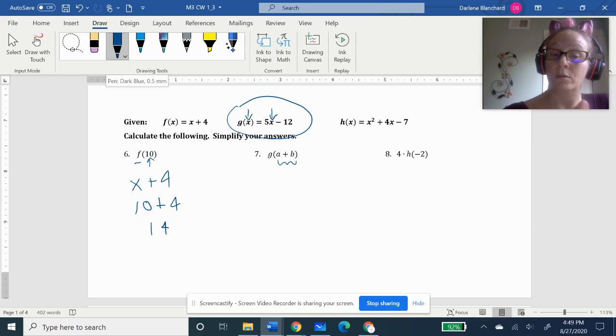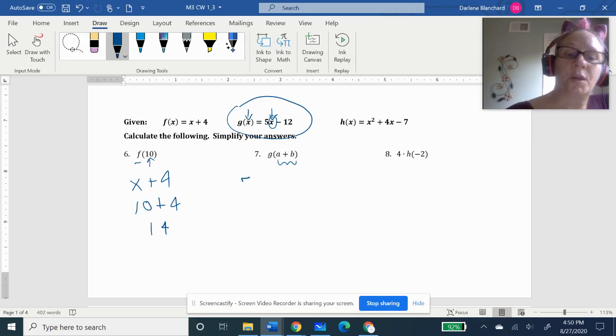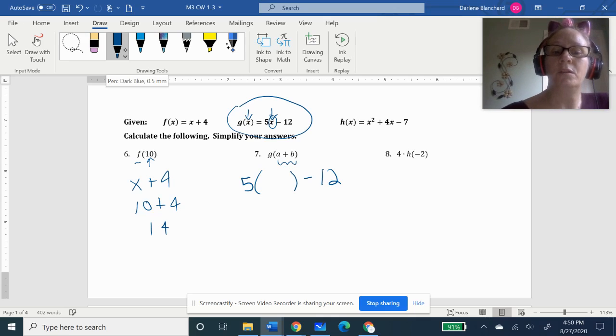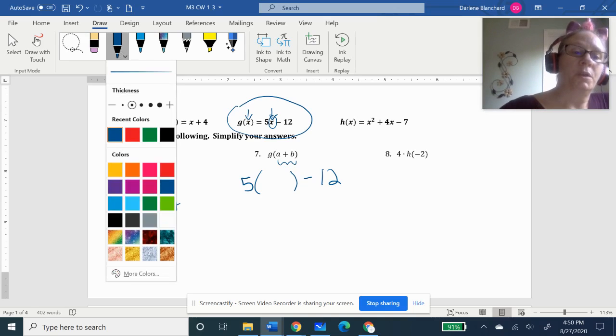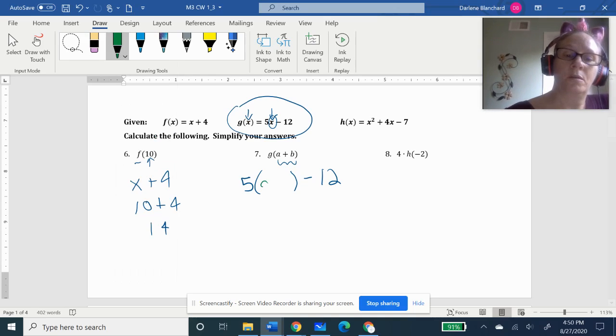But very important, g of x says that whatever the variable is, x, it is multiplied by 5. The whole thing is multiplied by 5, and then I subtract 12. So when you substitute into an expression, it's best to put a parentheses where the variable is that you're substituting into. So the x will be replaced with a plus b.